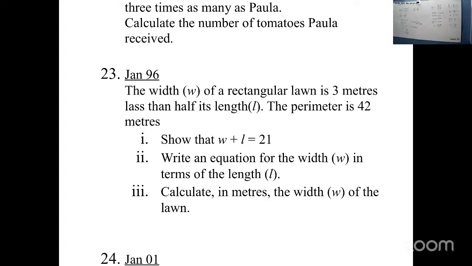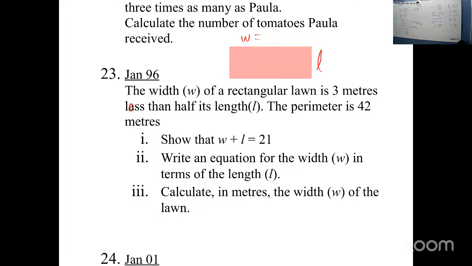I think you probably draw a little rectangle. What's your width?